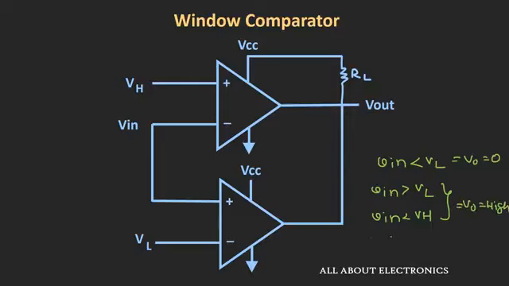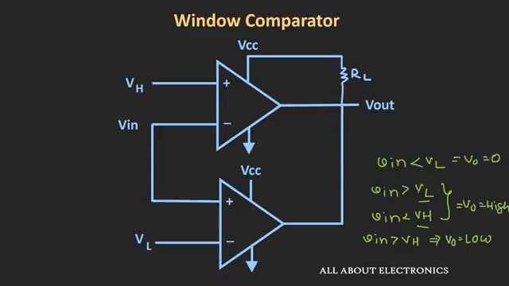Similarly, when your input is greater than this upper threshold voltage, this second comparator output will be high while your first comparator output will be low, and because of that your overall output will be low. So as you can see, your output will be high whenever your input signal is in between this lower and the upper threshold voltages.